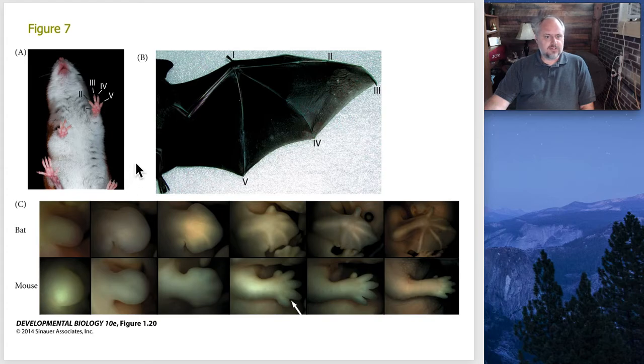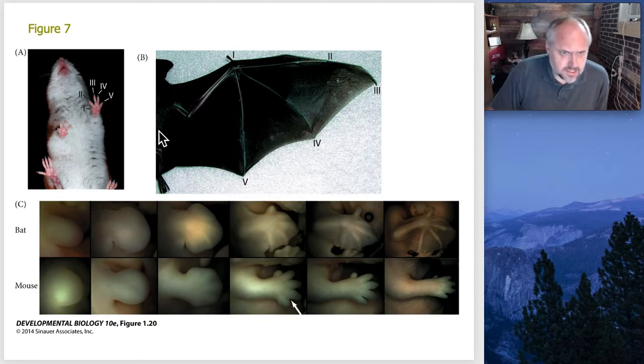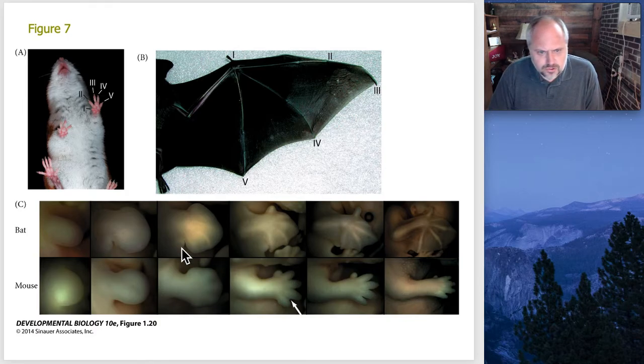Another major difference caused by a couple of regulatory proteins would be, in bats, this webbing between the digits, whereas in the mice that webbing goes away. So here you can see the development of a limb in something like a mouse. Here would be the development in a bat.